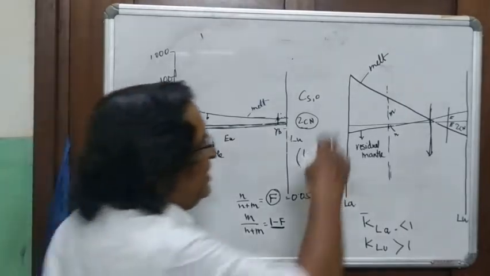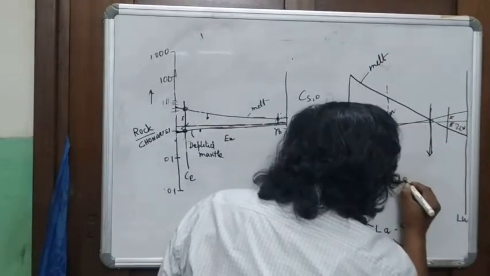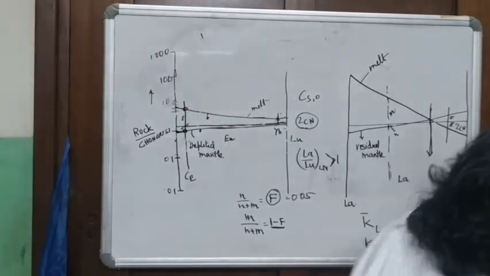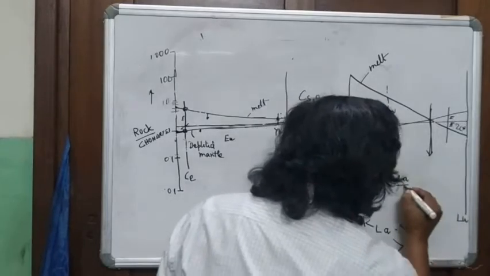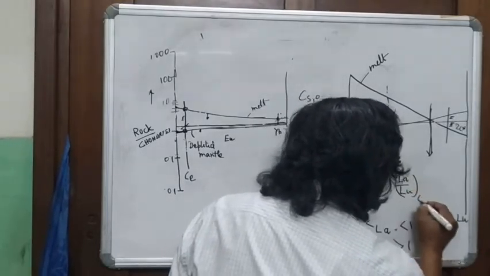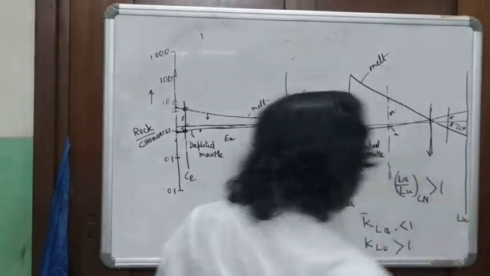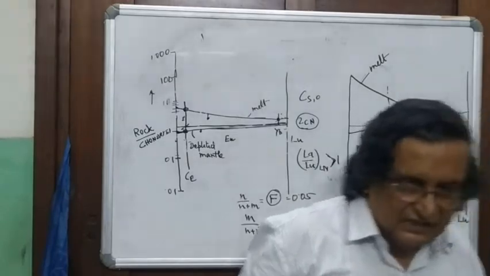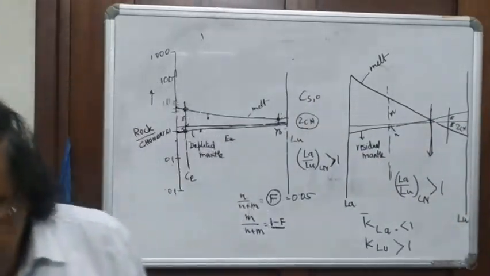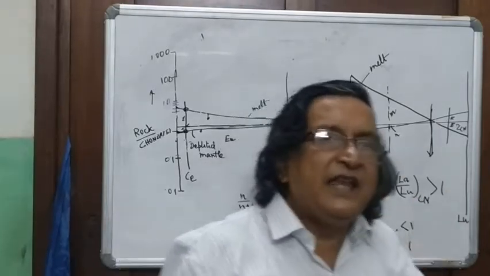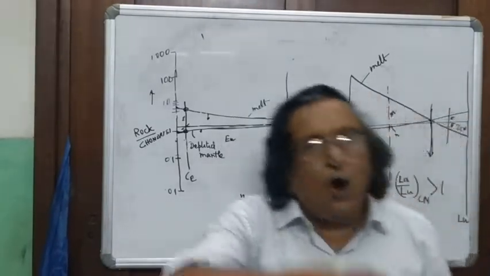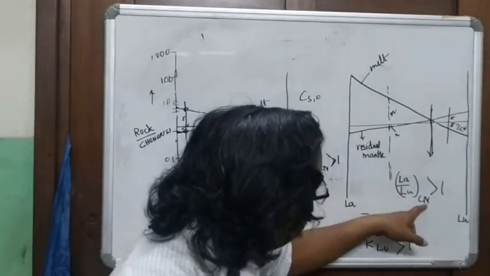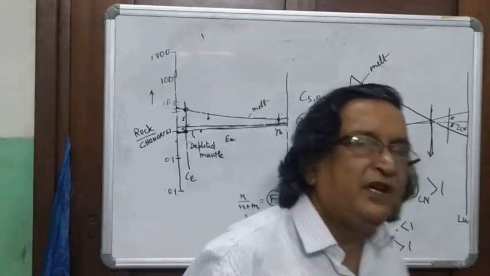So what is happening here also, if you have a garnet peridotite as your source mantle, then lanthanum by lutetium, chondrite normalized, should again be greater than 1. That means your basalts that you generate from the non-garnetiferous peridotitic mantle or from the high pressure garnet bearing peridotite, the lanthanum by lutetium chondrite ratio is going to be greater than 1.